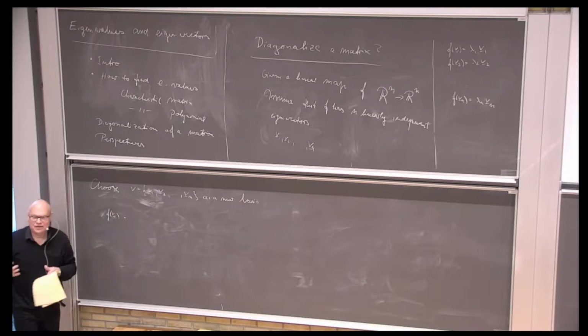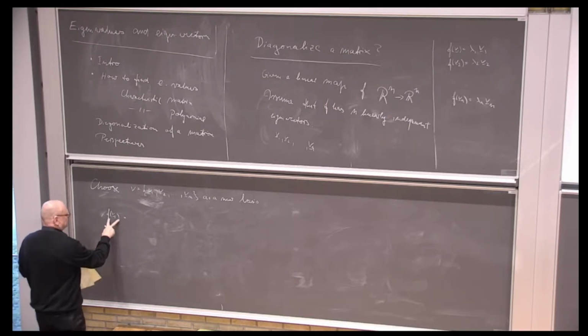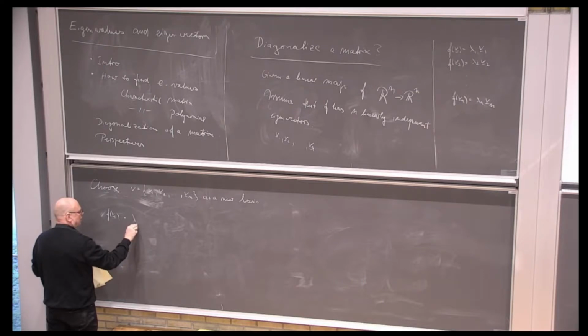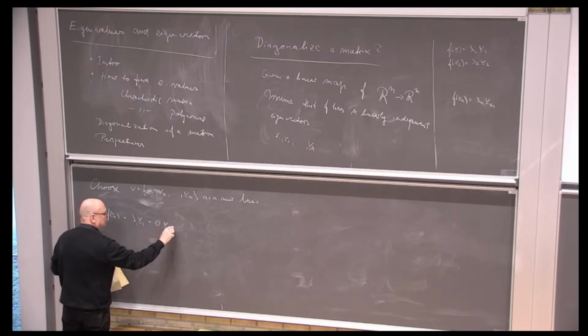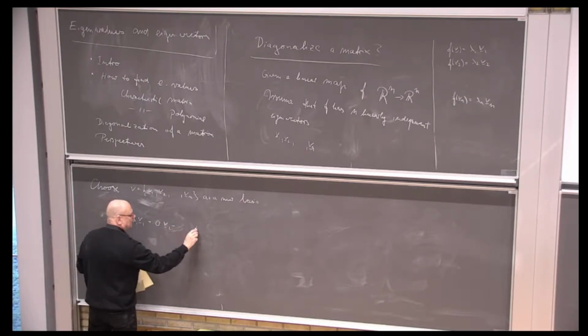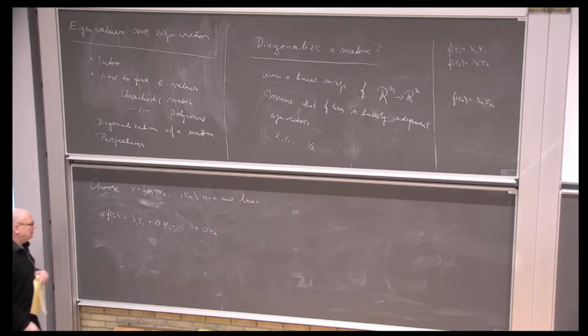If I'm going to have the mapping matrix, then for each column I have to write the image of the basis vectors. So the image of v1 is lambda1 times v1, and then it's 0 all the way through.